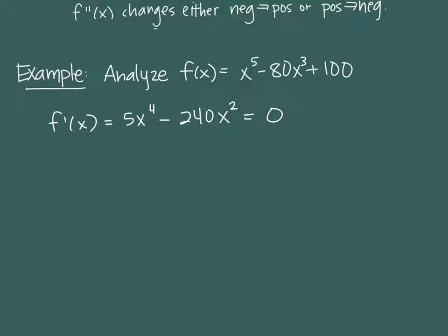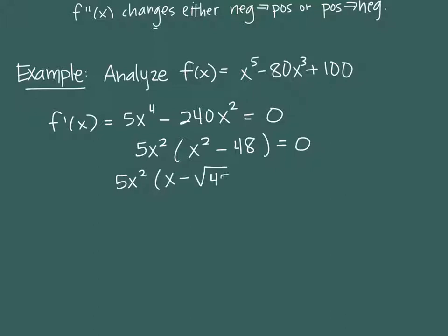We're going to factor out, what can I take out in common? Okay, 5x to the 2nd, leaving me with x squared minus, that works out to be 48. Which I can factor into x minus the square root of 48 and x plus the square root of 48.